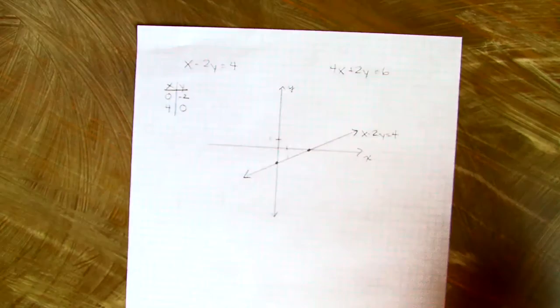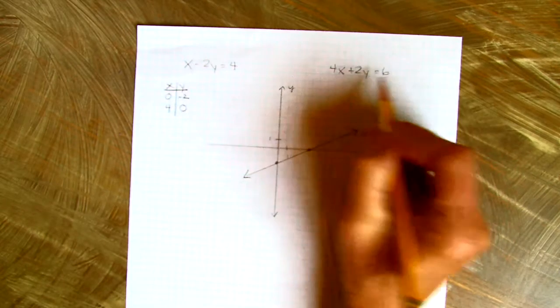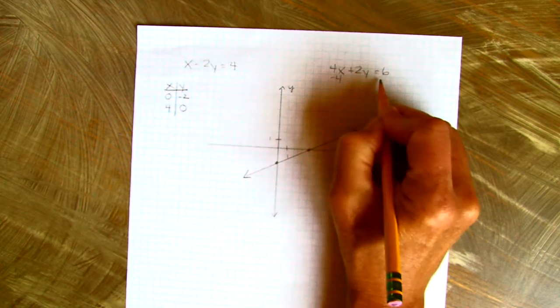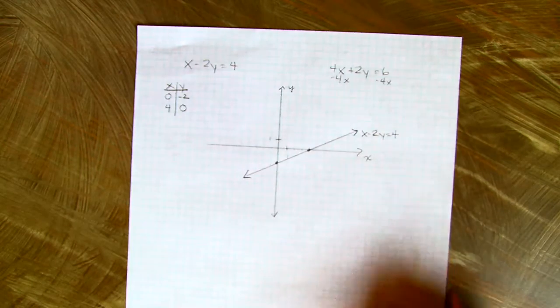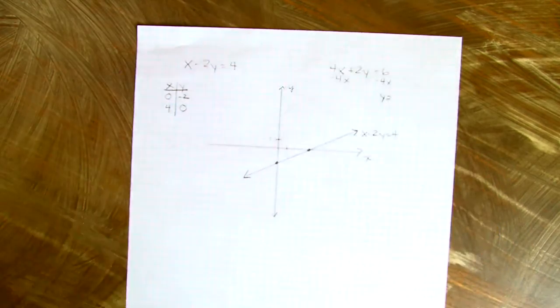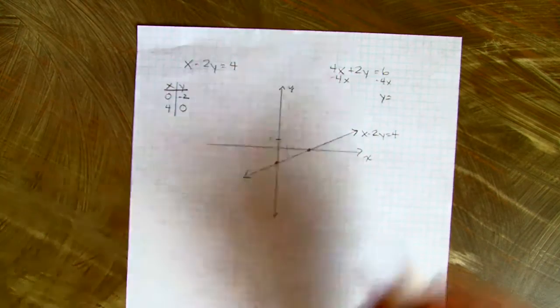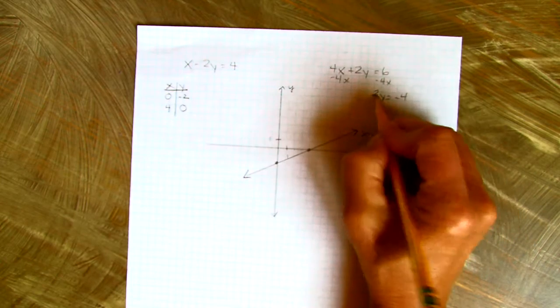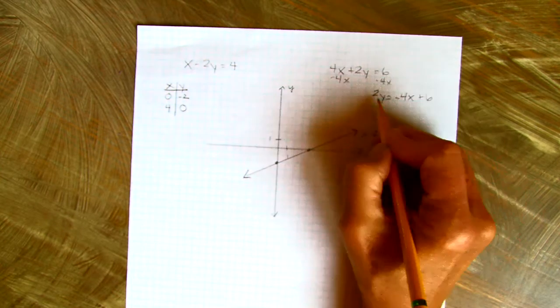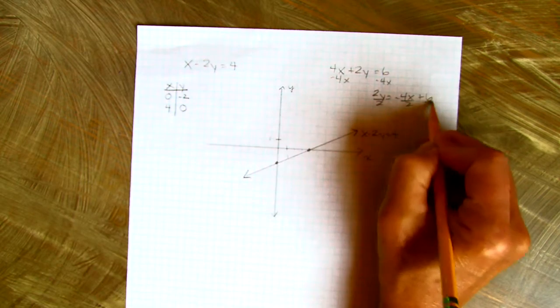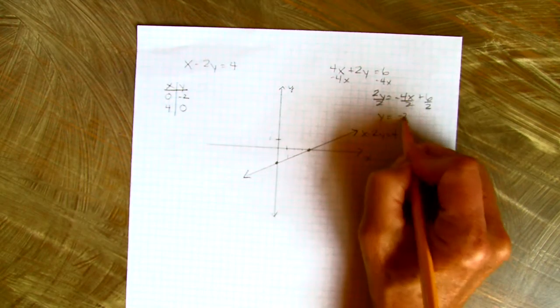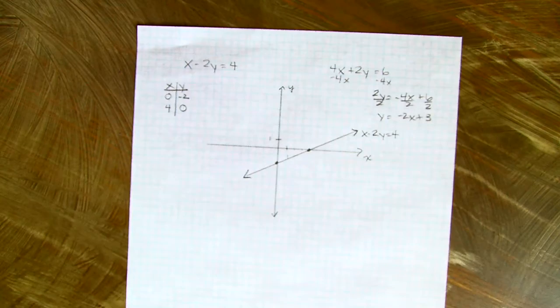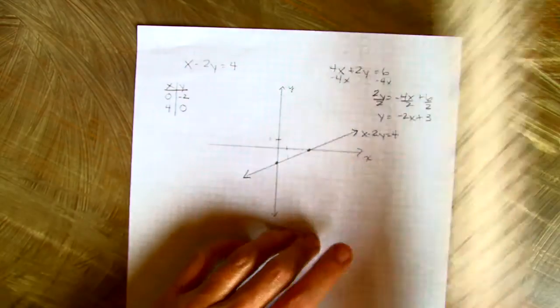So what I might then do is rearrange this equation. I'm going to subtract 4x from both sides and write it in mx plus b form. It's not entirely necessary. So 2y equals negative 4x plus 6. Then I divide every term by 2, and I get y equals negative 2x plus 3.